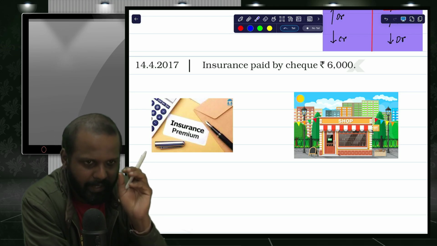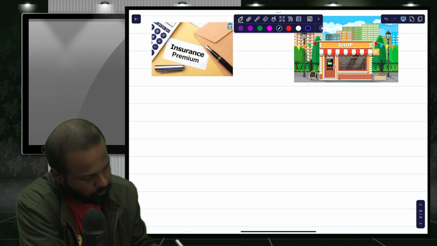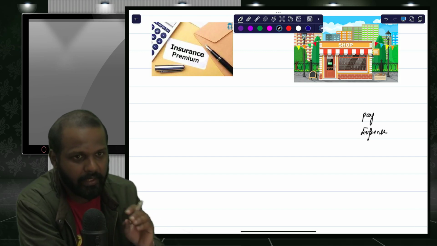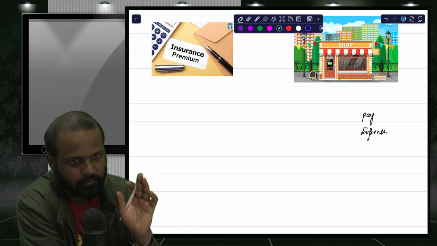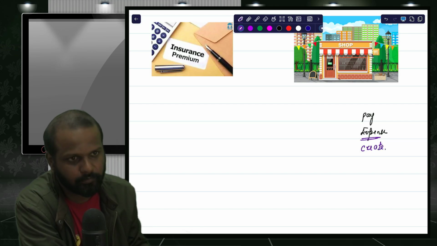Whenever you are going to pay any kind of expenses, you need to create an account called expense account in your books.